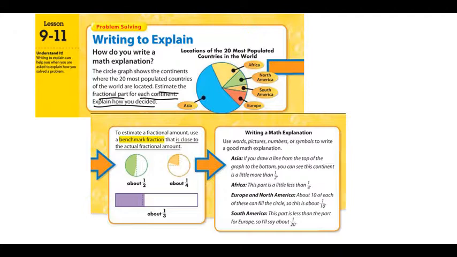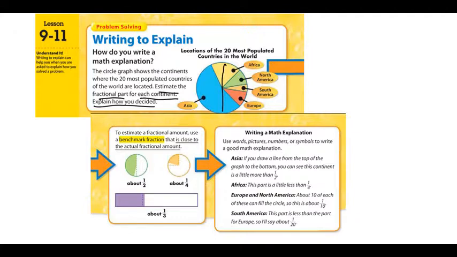So using words, pictures, numbers, or symbols to write a good math explanation is right here. And we're going to practice that, but we'll just look at a couple of these. It says Asia. This is what I might write on my paper. If you draw a line from the top of the graph to the bottom, so let's do that so that we know what they're saying. Top of the graph to the bottom.